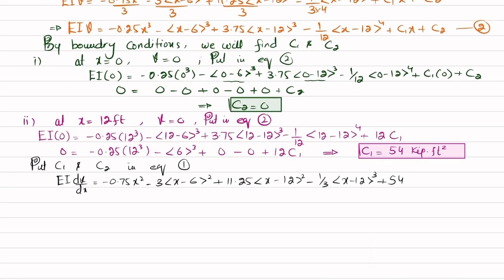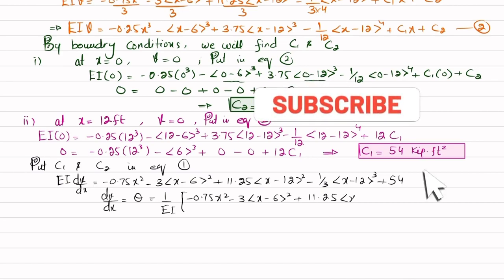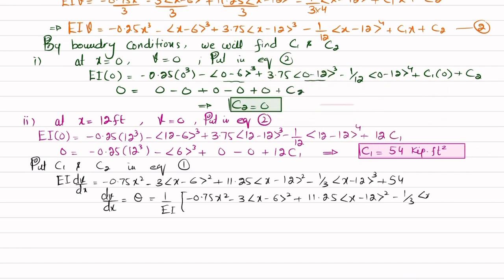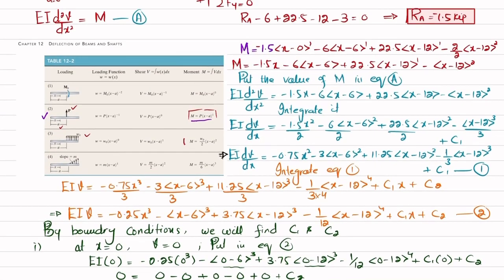So if you divide EI on both sides, you will get dV over dx, which is again equal to slope, and that is equal to 1 over EI multiplied by minus 0.75 x square minus 3 into x minus 6 square plus 11.25 into x minus 12 square minus 1 over 3 into x minus 12 whole power 3 plus 54. So this is the equation of slope.